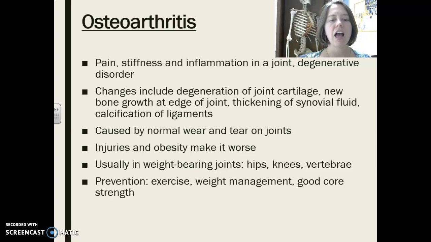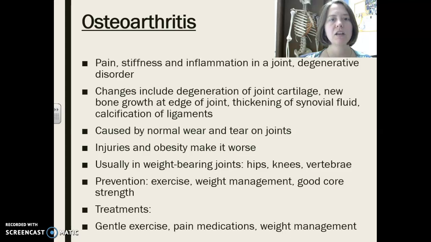Prevention is exercise, weight management, and good core strength, because using your joints in the correct alignment will really help prevent osteoarthritis. Treatments: what happens if a person already has some osteoarthritis? Gentle exercise is a good management tool, along with pain medications for the pain, and weight management if needed.